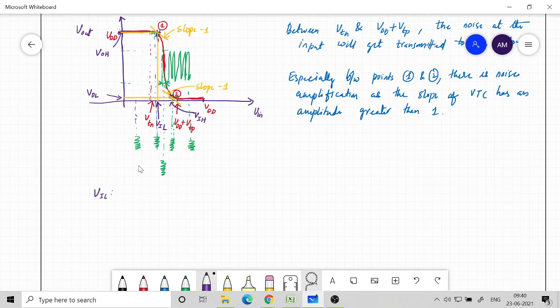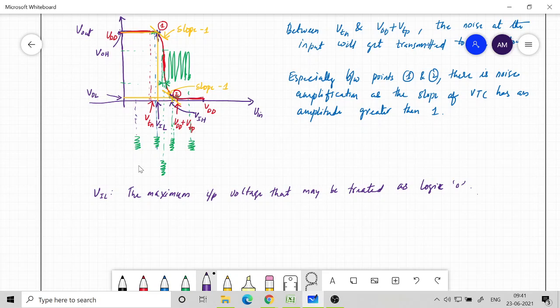VIL is the maximum input voltage that may be treated as logic 0 input, or low level.